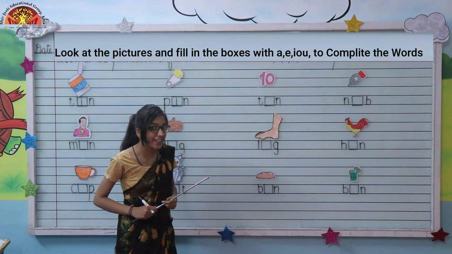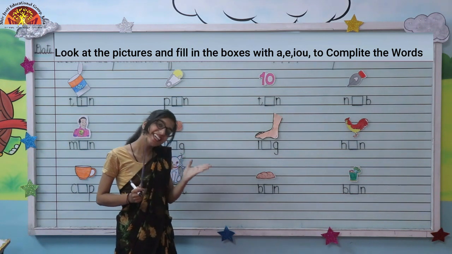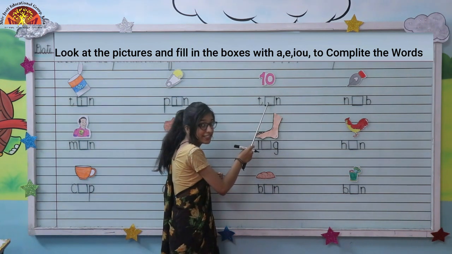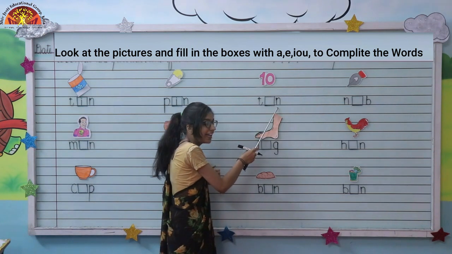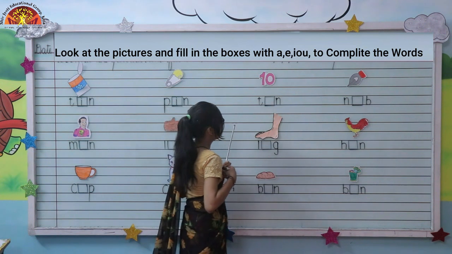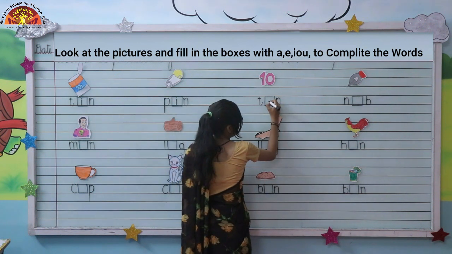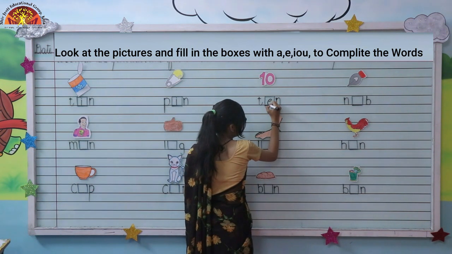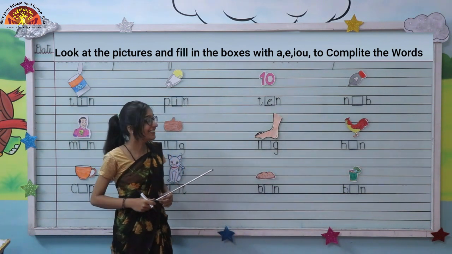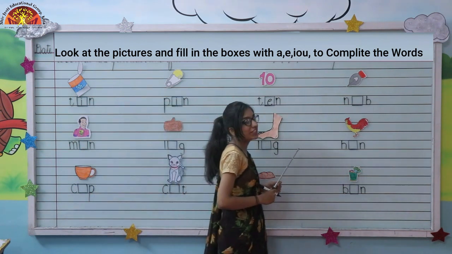Which missing letter, kids? Yes, E. So write E here. T-E-N, 10. Okay? Move to the next one kids.